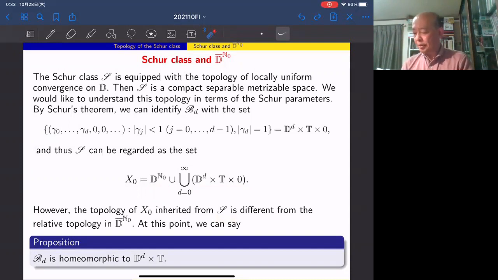But at least at this stage, we see that this set of Blaschke products of degree D is homeomorphic to this one by using Schur's theorem. So this is okay. But we would like to know about the B_D tilde, I mean the set of Blaschke products of degree at most D.